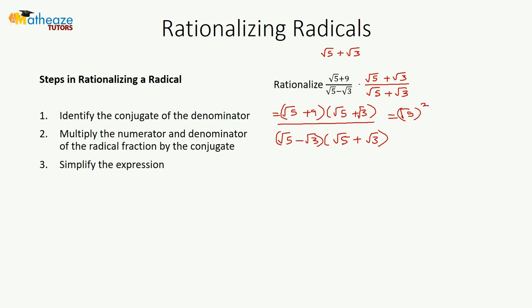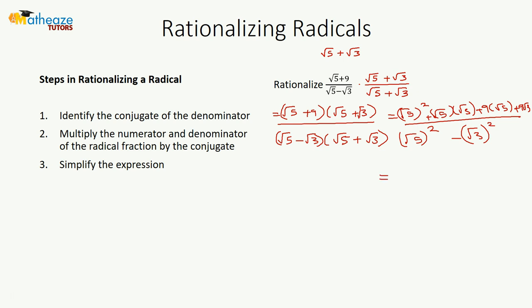That's first. O is going to give us plus square root of 5 square root of 3, then plus 9 square root of 5, and then plus 9 square root of 3, divided by square root of 5 squared minus square root of 3 squared.